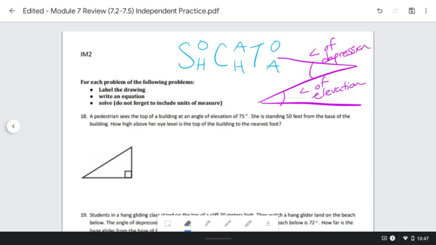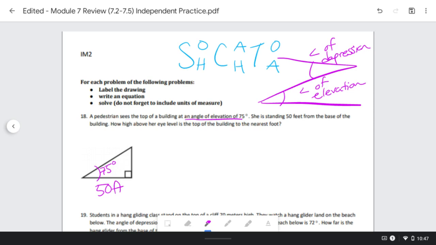All right, so anyways, we've got angle of elevation is 75 degrees. We've got she is standing 50 feet away from the base of the building. So she's 50 feet away from the building. And how high above her eye level is the top of the building to the nearest foot?